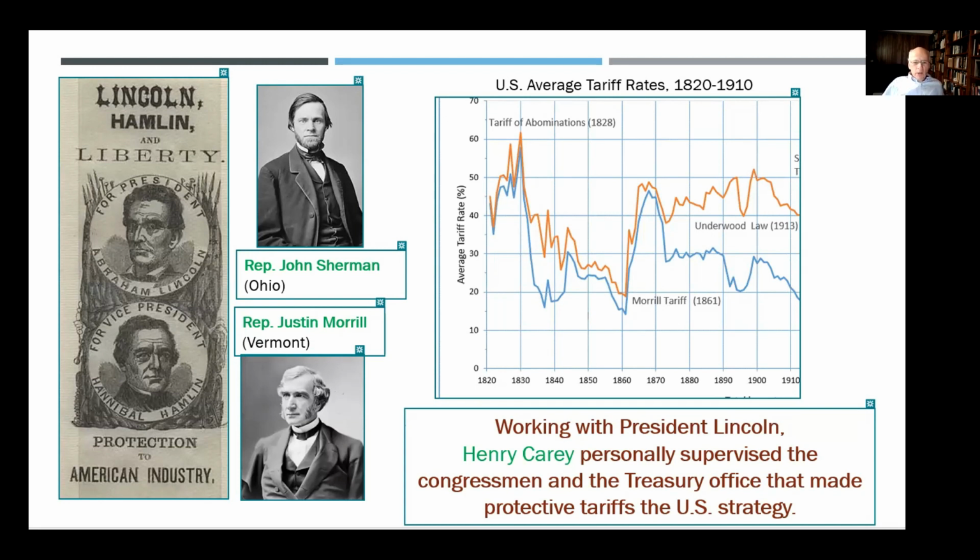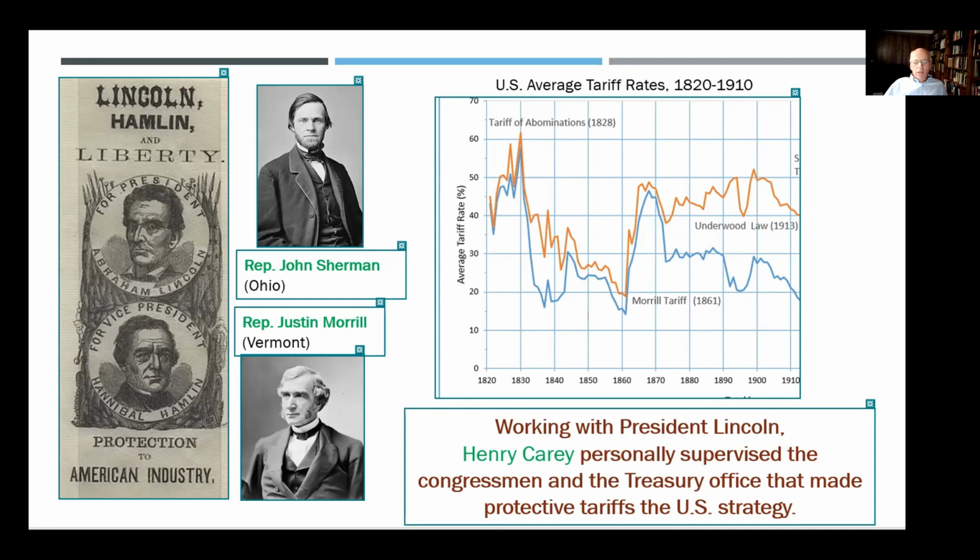Henry Carey personally organized throughout the country with his agents, with his friends, and also in Congress through these two representatives, John Sherman, brother of William Tecumseh Sherman, and Morrill, who the tariff law of 1861 was named after. This change in the tariff to raise it up more or less permanently became the United States policy.